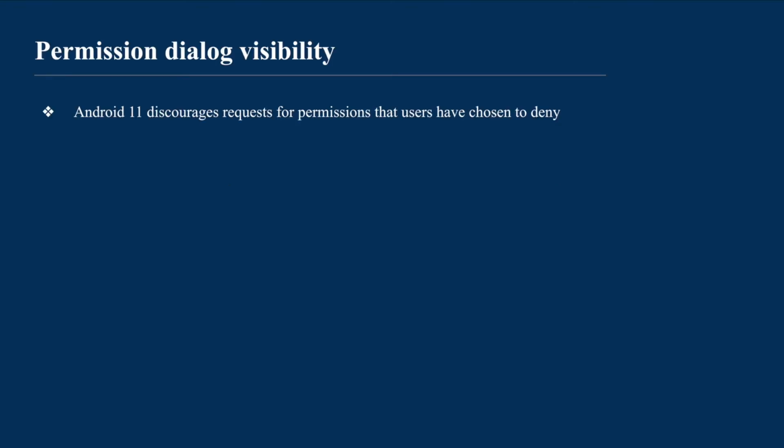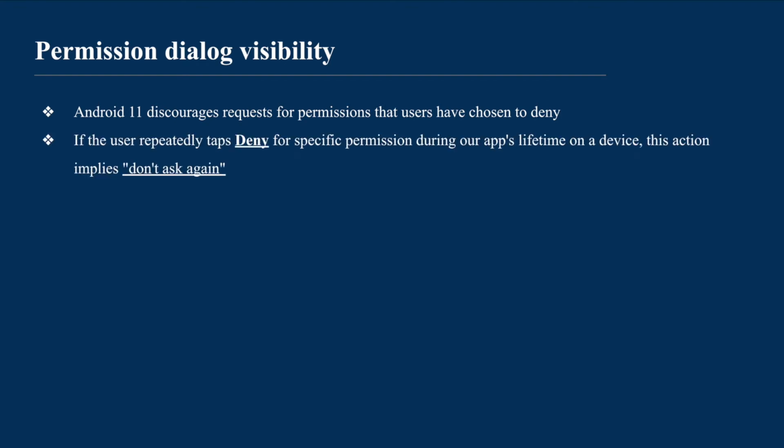Android 11 discourages requests for permissions that the user has chosen to deny. If the user repeatedly taps deny for a specific permission during our application's lifetime on a device, that action implies don't ask again.